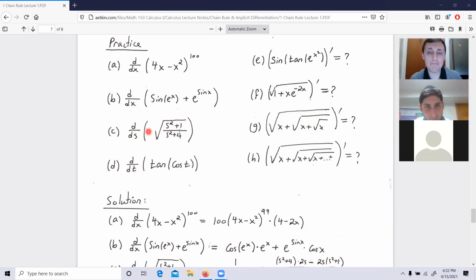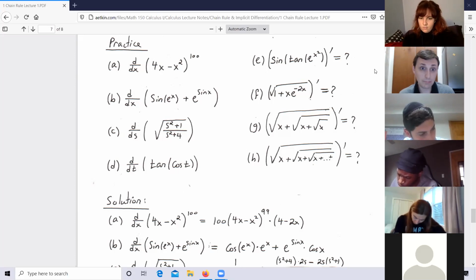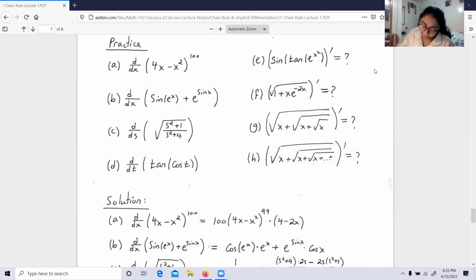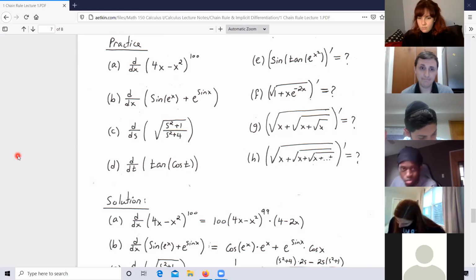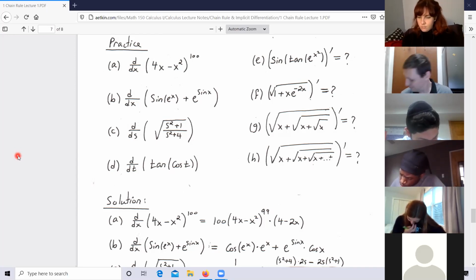All right, so C. What is the answer to C? If you don't want to write it, you can say easy or something, right?